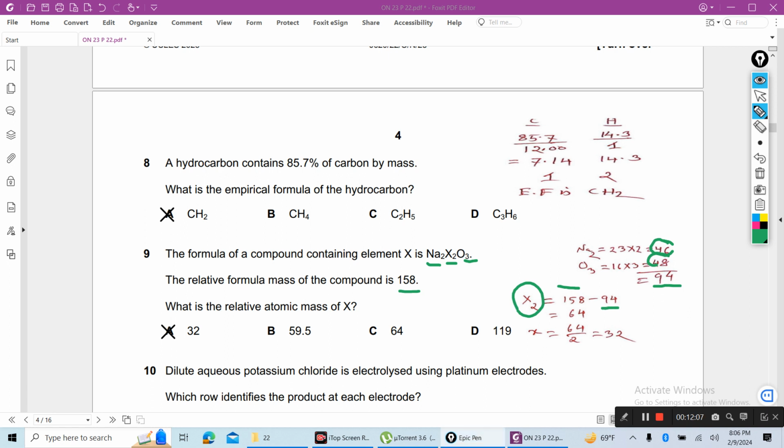So X2 will be 158 minus 94, 64. The X2 value is 64, so X will be divided by 2, 32. So this is the answer A. The X value will be 32.